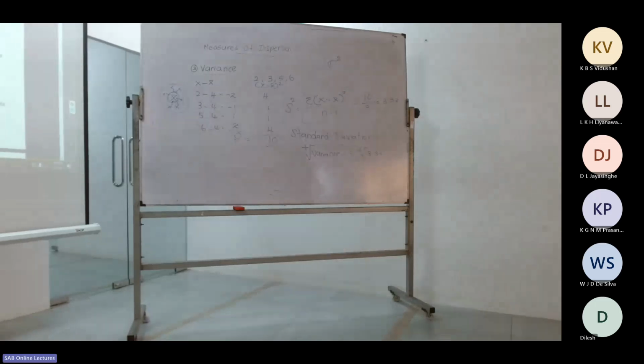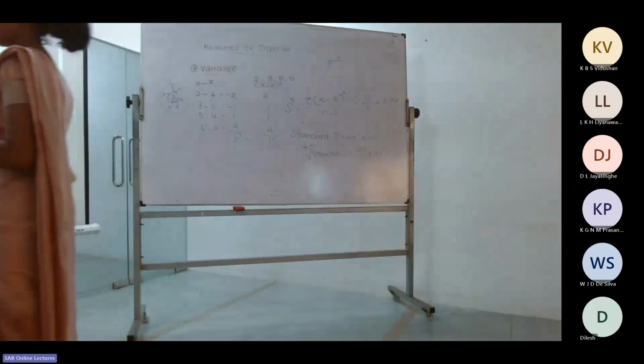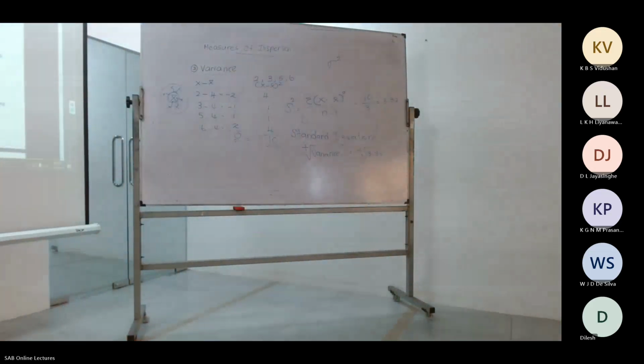It's clear? Okay, then the standard deviation is the best measure of dispersion. It is better than the variance. Right? In variance there is overestimation.